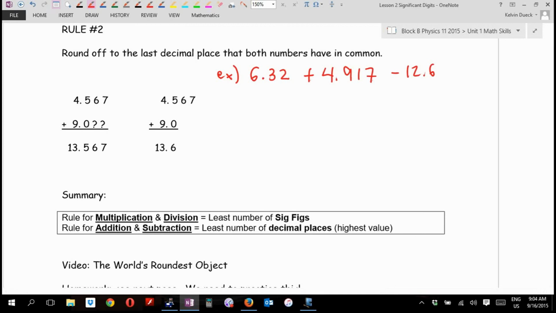So if they give me one like this, this is when I rewrite it vertically, and I'm going to keep my decimal points in line. 6.32, 4.917, and that's a plus. Take away 12.6.